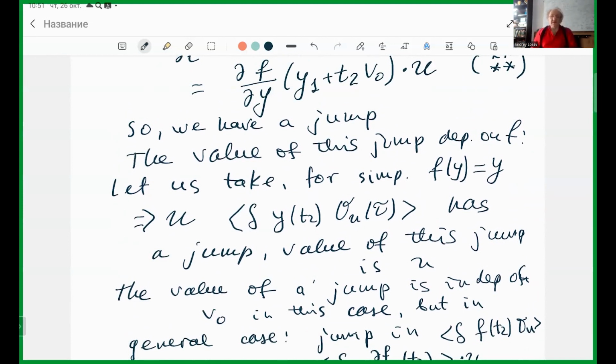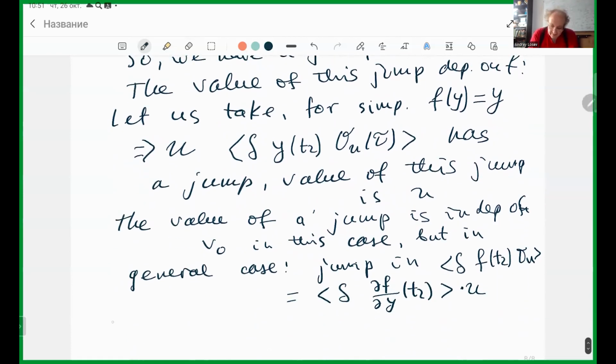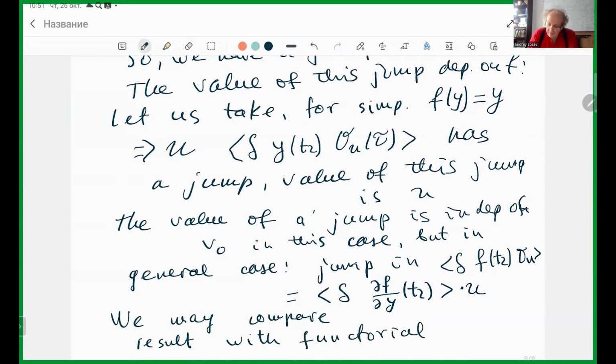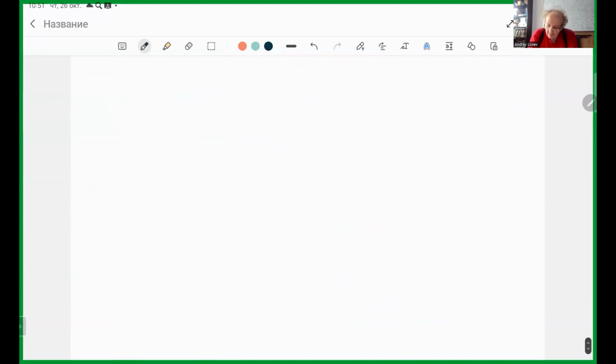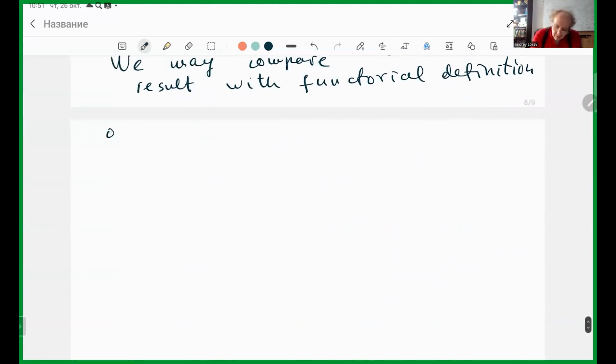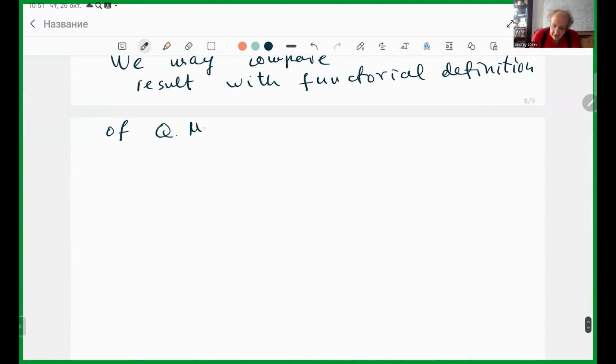So what did we obtain? We may compare the result with the functorial definition of quantum mechanics.